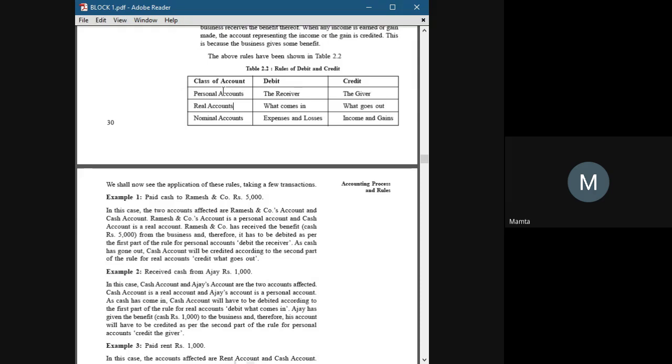But if you are purchasing your goods in cash, then it goes straight to the real account. You're understanding my point? So personal and real account are really different from each other. All right, it's clear. I understood now.